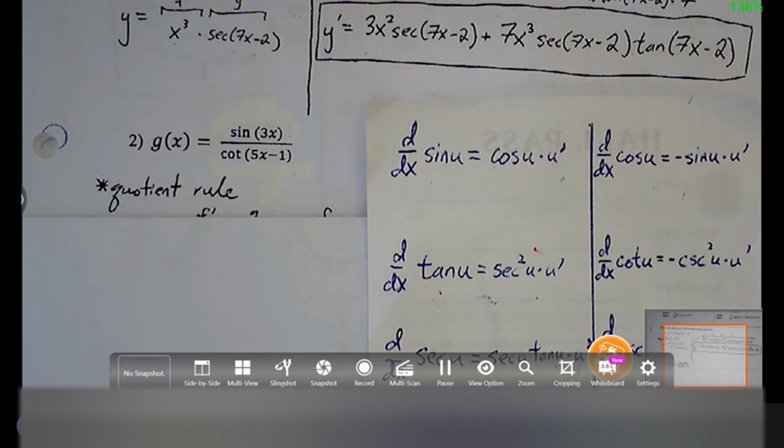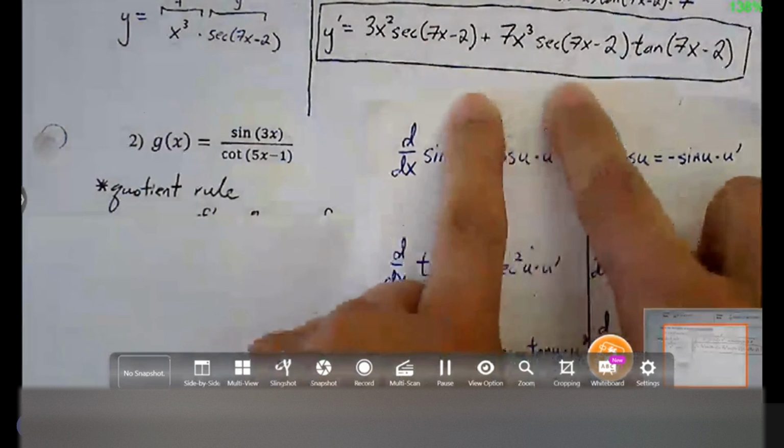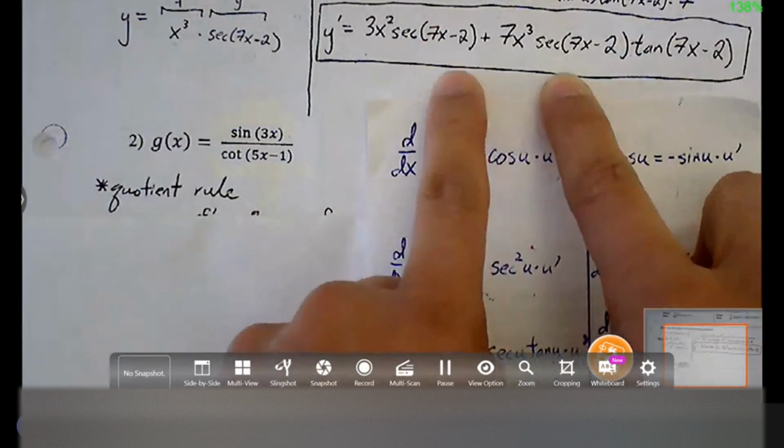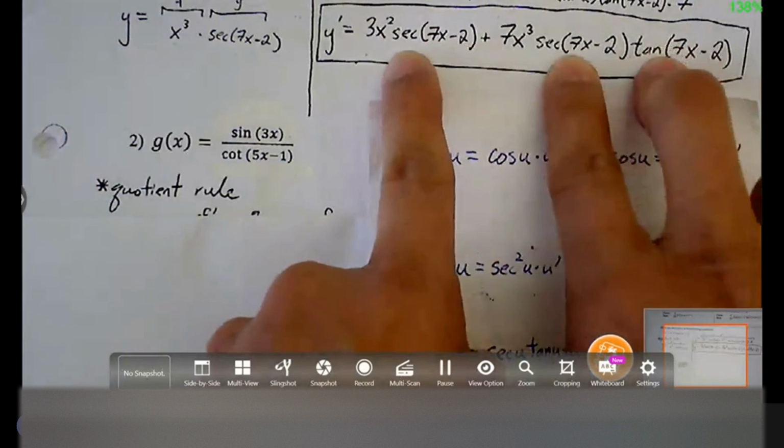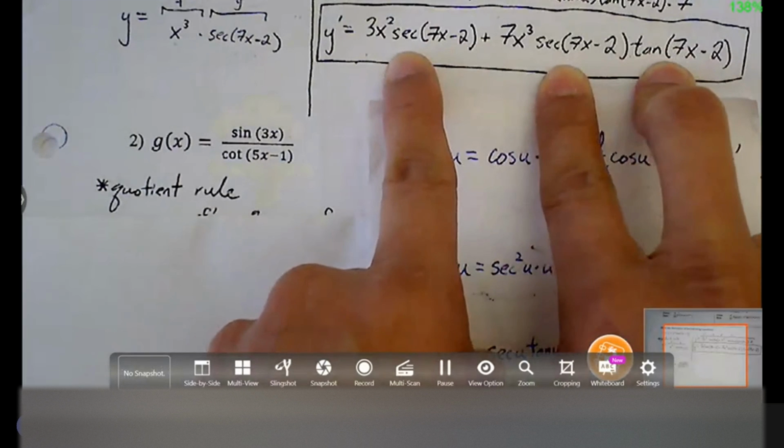Could you combine, in the first problem, the secant and tan to be like 1 over cos squared or sine over cosine squared? Yeah, that's fine. You can do that. However, I will say that if this was a multiple choice question, this is probably the form that's going to look most like it.